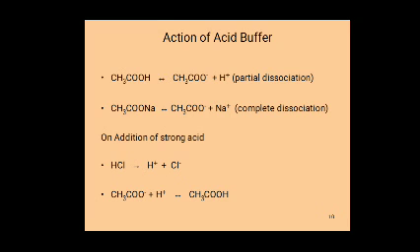The H plus ions from strong acid like HCl combine with acetate ions, CH3COO minus ions, to form weakly dissociated acetic acid. Hence, the pH of the solution does not change.